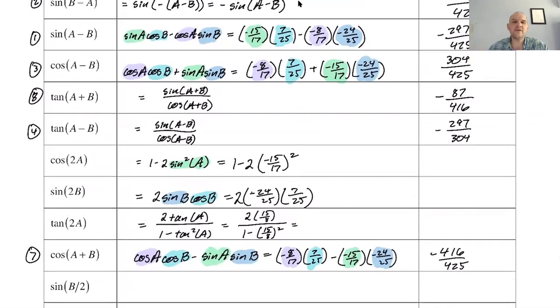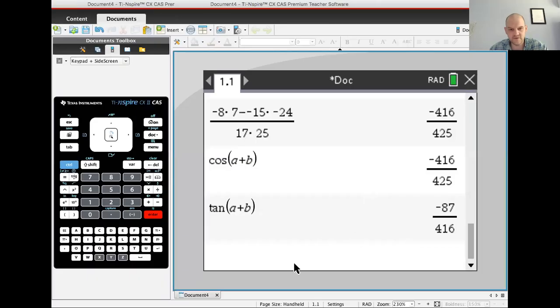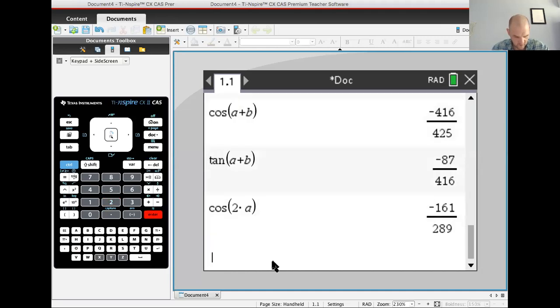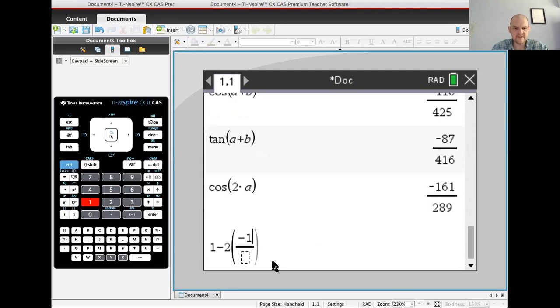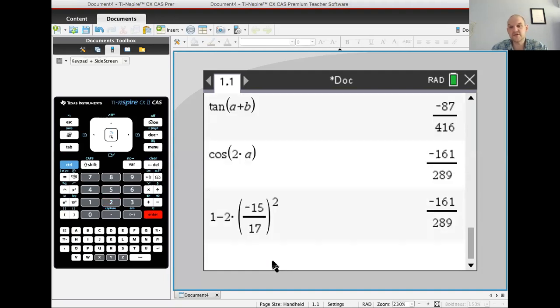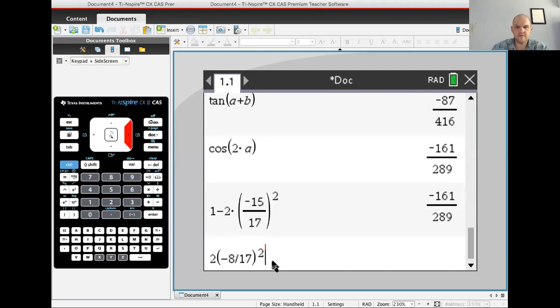I'll also show you while I'm there that we could have done the other cosine formulas and it would have been totally fine. So here, cosine of 2a is definitely this. And what we're doing is 1 minus 2 times negative 15 over 17 squared. So we get that. You could have done 2 times cosine of a, negative 8 over 17, squared, minus 1.